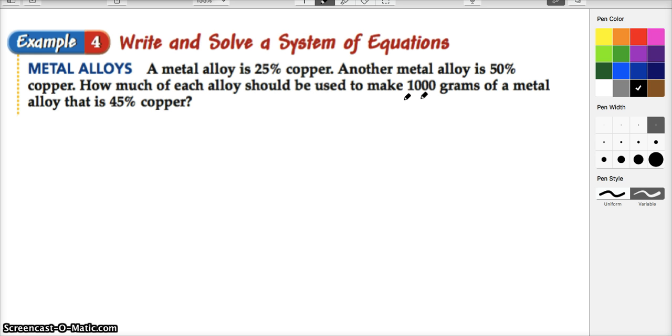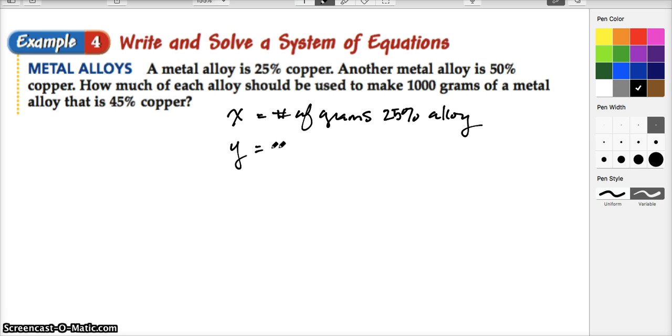Since they're asking us about the number of grams, I'm going to let x refer to the number of grams of the 25% alloy, and then y, I'm going to let that be the number of grams of the 50% alloy.